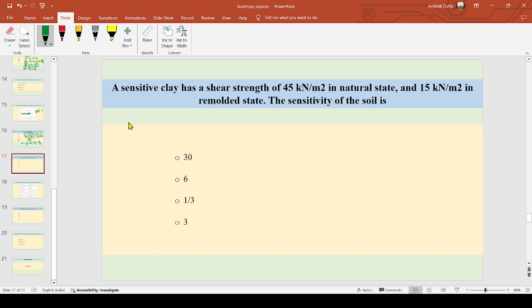A sensitive clay has a shear strength of 45 kilonewton per meter square in natural state and 15 kilonewton per meter square in remolded state.